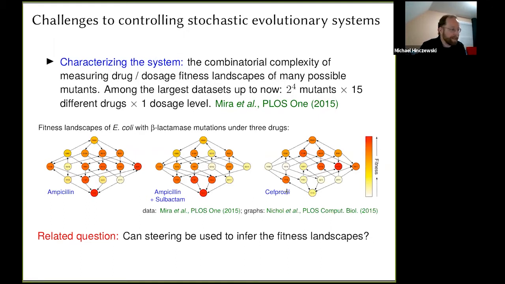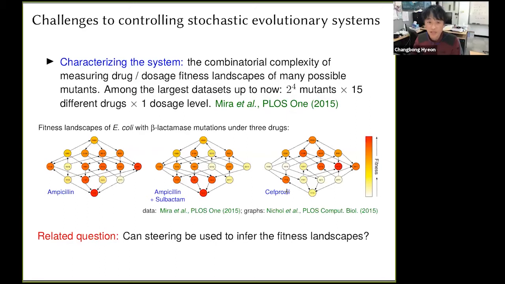Let's say we don't know the fitness landscape. We use the response to the perturbation to make a guess about the landscape, do another perturbation based on the guess, and iteratively do this until, as we improve our model of the landscape, we get better and better control along the way. That's the holy grail eventually: to be able to do this for landscapes where we don't have that information.